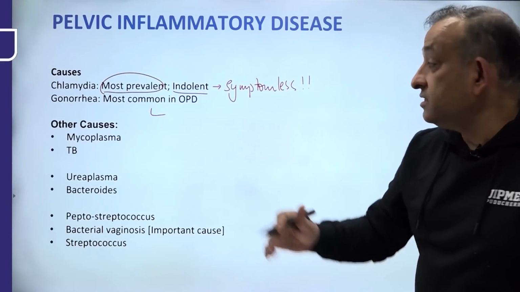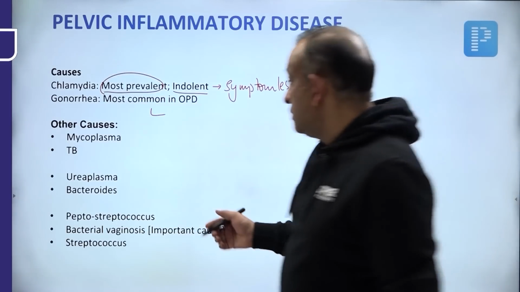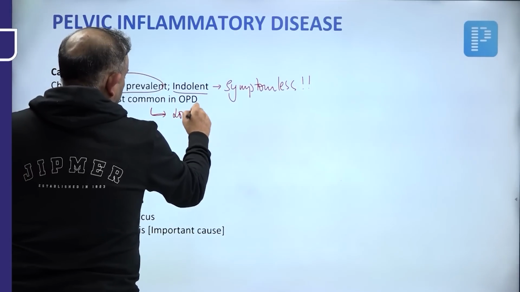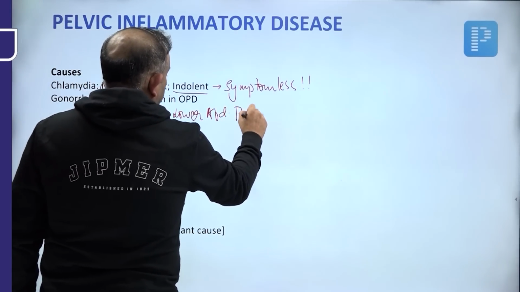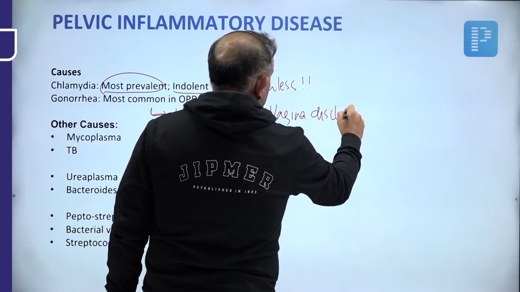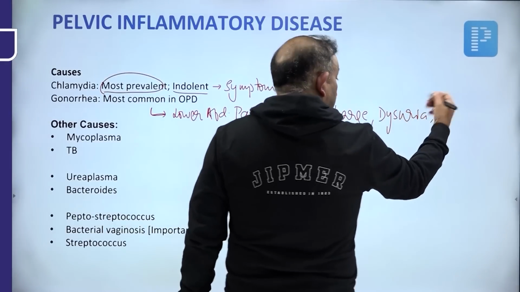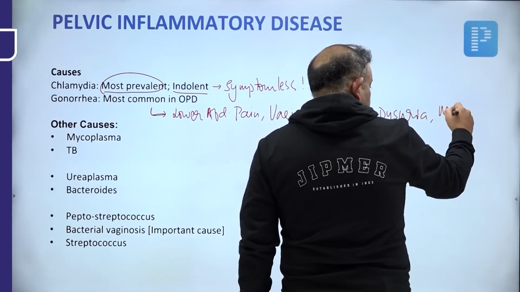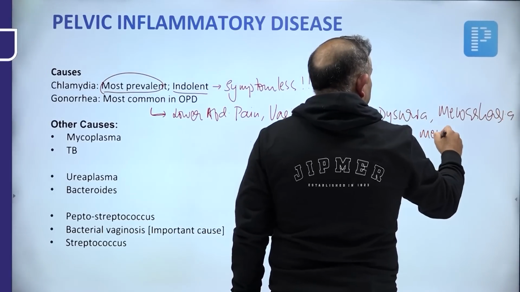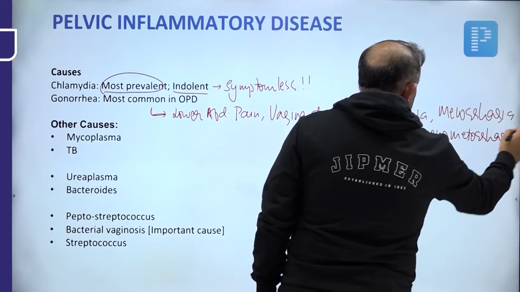Now, gonorrhea is the most common PID presenting to the outpatient department because it is symptomatic. So the patient with gonorrhea may have symptoms like lower abdominal pain, a vaginal discharge, dysuria, painful micturition, or may have irregular periods, menorrhagia, heavy periods, or may even have menometrorrhagia, that is, irregular periods without any pattern.